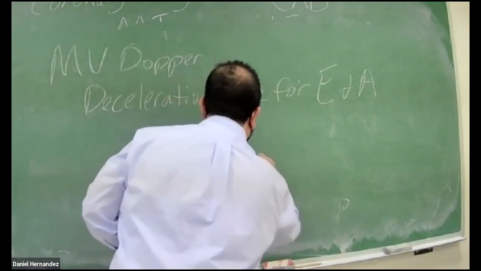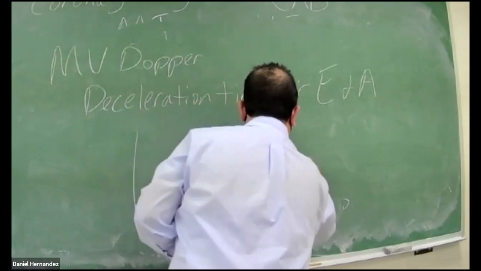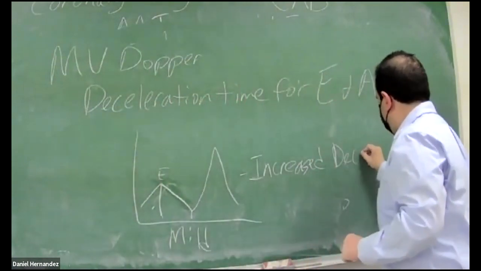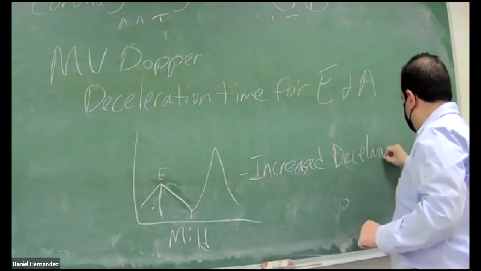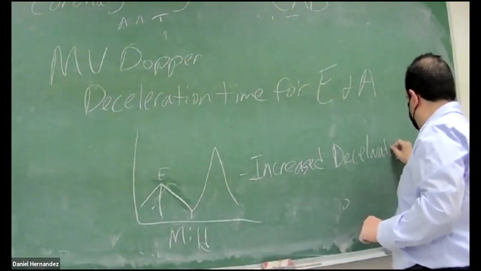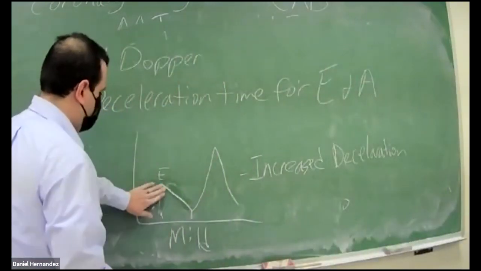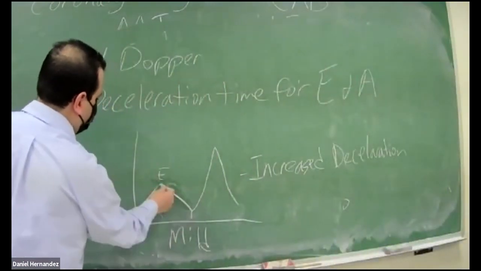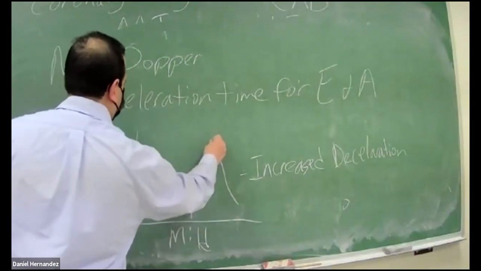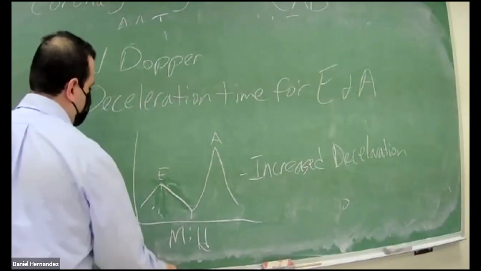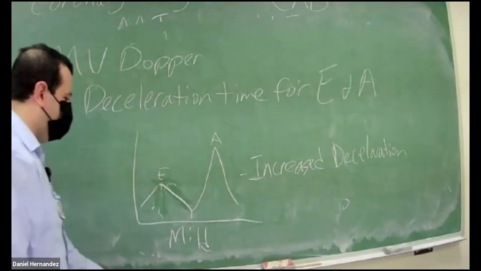So with mild, it's increased. It's going to take longer for you to go down that slope. So you'll have reversal of your E and A and increased deceleration time.